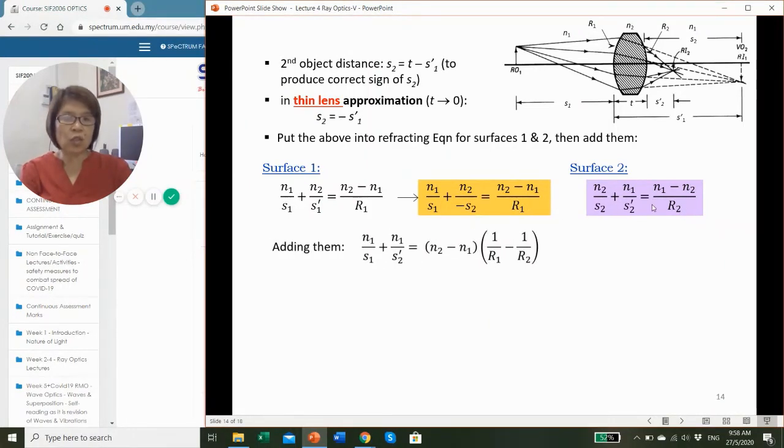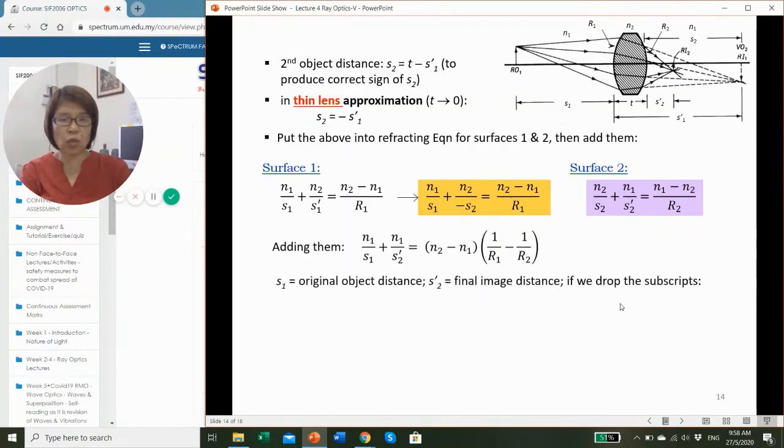And when we add these two together, adding this to this, these two cancel off. We have n1 over s1 plus n1 over s2' equals n2 minus n1, which is common, into 1 over R1 minus 1 over R2.